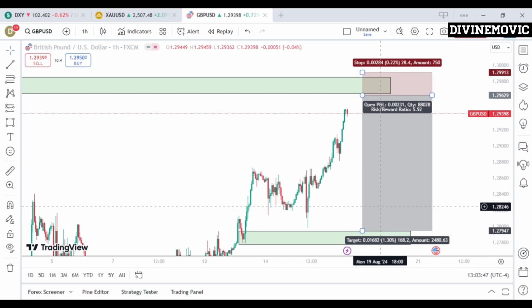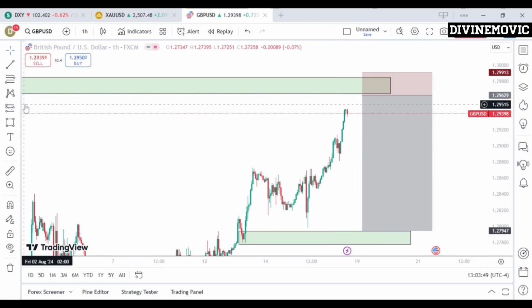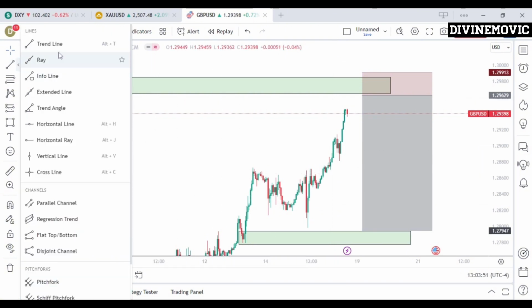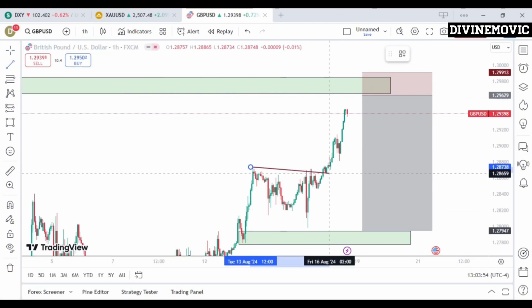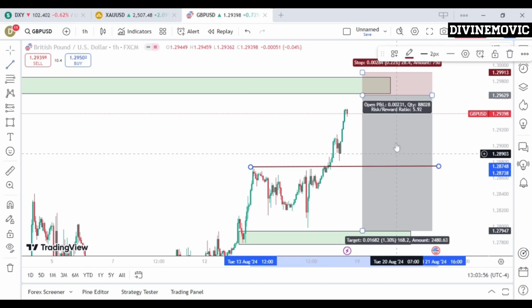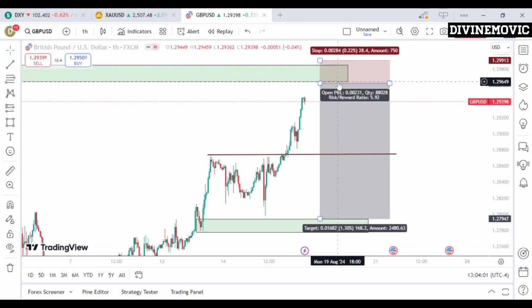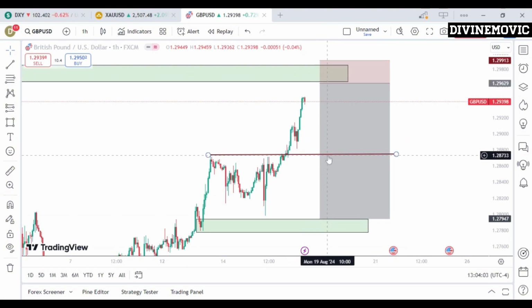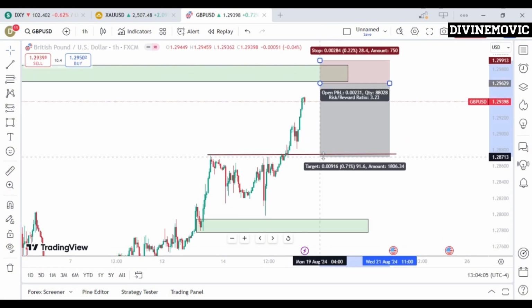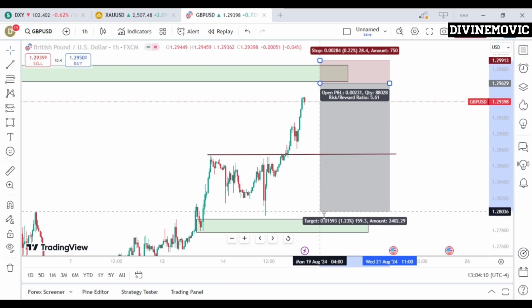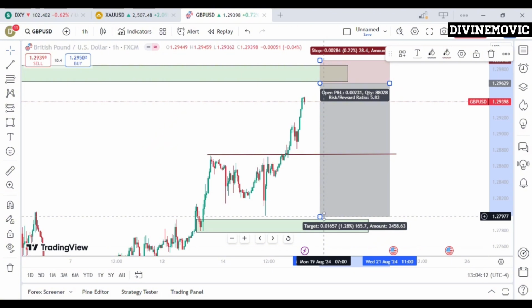My first exit point is likely going to be at this point here, as my TP1. And depending on how price behaves, here is likely going to be my full TP before I look for buy opportunities, because this impulsive move has to create a retracement before price continues to the upside.